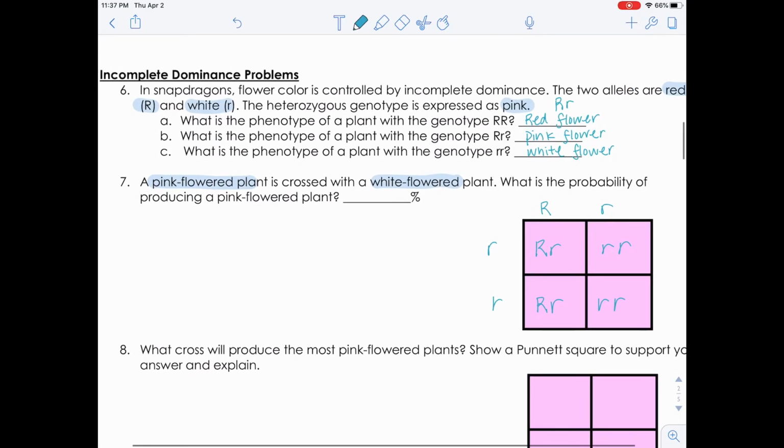After completing the Punnett square, we see that there is a 50% chance the genotype of the offspring will be big R, small r, which is a pink flower plant. So 50% chance.